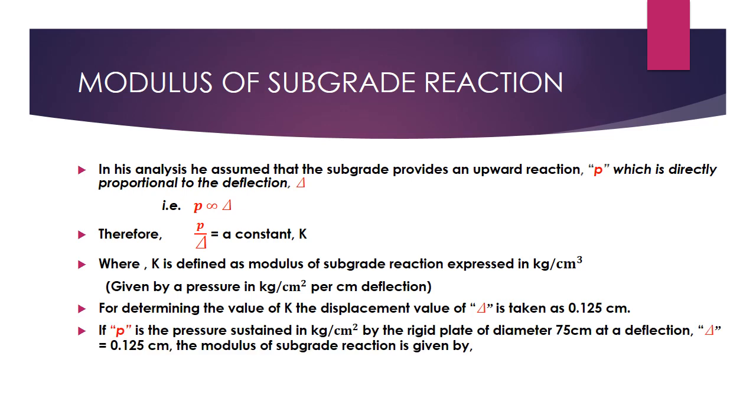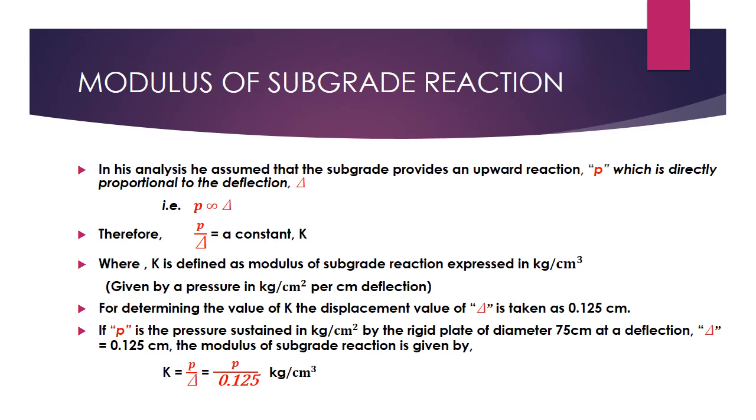If p is the pressure sustained in kg per centimeter square by the rigid plate of diameter 75 centimeter at a deflection delta equal to 0.125 centimeter, the modulus of subgrade reaction is given by, now what will be the value of the modulus of subgrade reaction K? We will see in an equation, that is K is equal to p by delta.